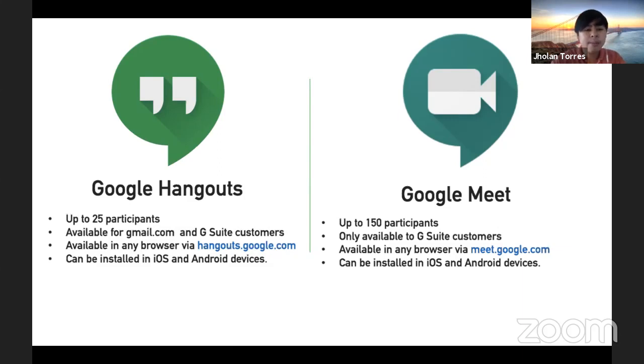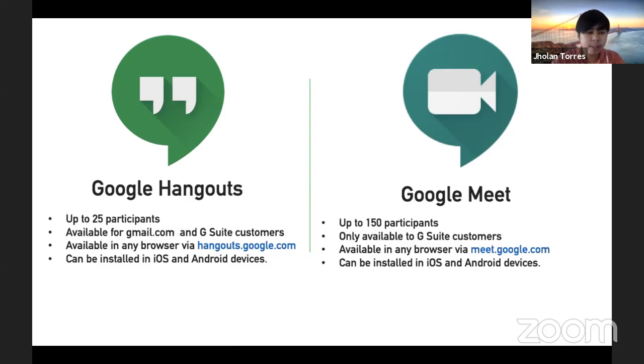available in any browser. You can go to any browser, Microsoft, Safari for using Mac, Google Chrome, Mozilla, Internet Explorer, Brave. So you can use Google Hangouts. Just go to hangouts.google.com.